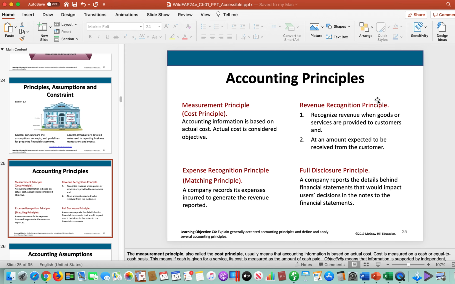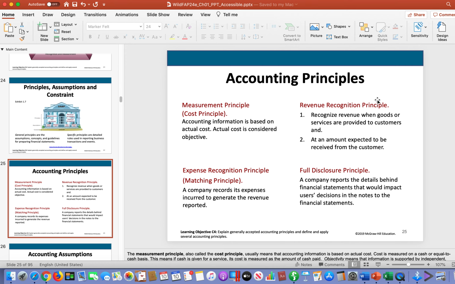You must record the revenue or sales at the amount that you expect to receive. Not what is owed you, but what you expect to receive. You may sell something to me for $2,000. But if you don't expect to receive $2,000, you expect to receive $1,800, then you must record it at $1,800.